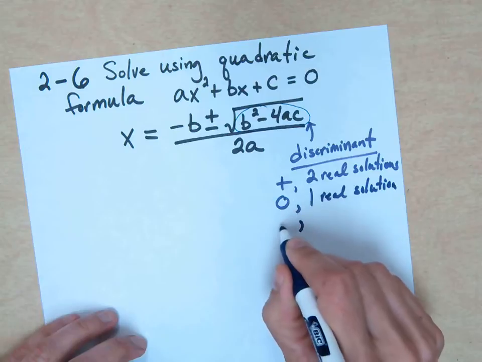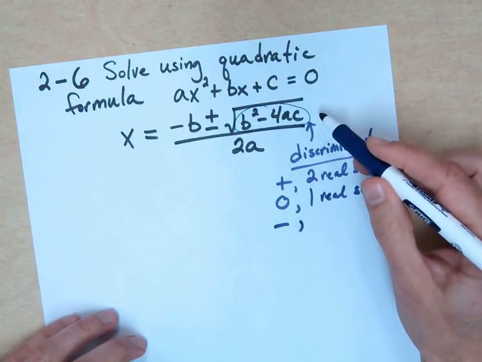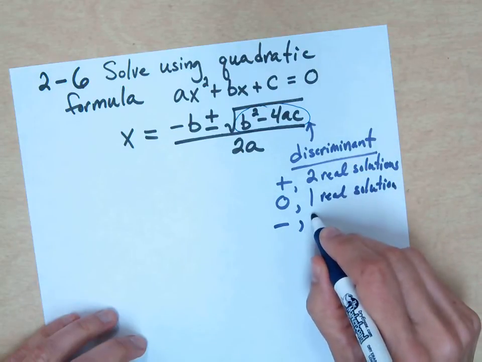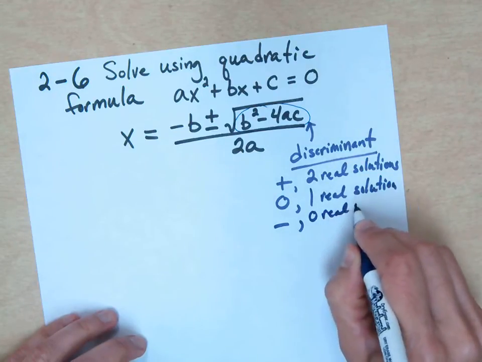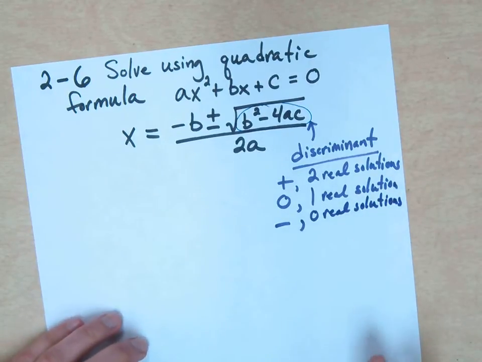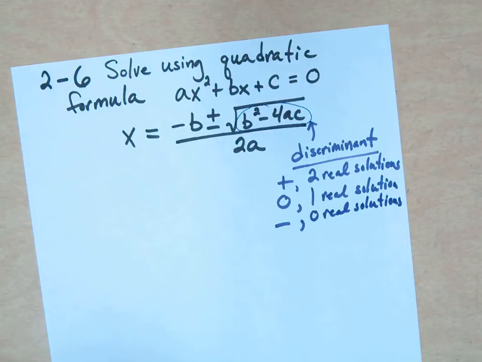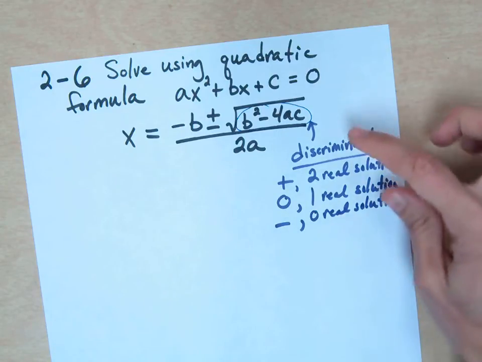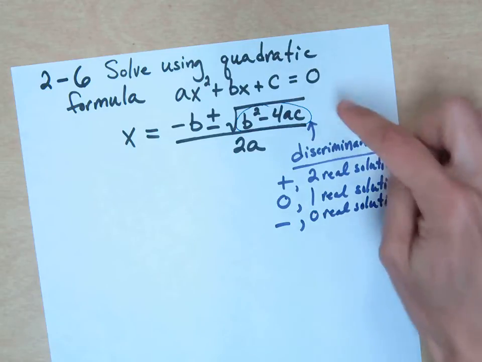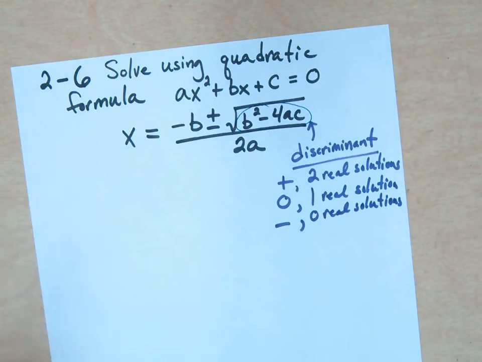And what about if it's a negative number under a radical? No real solutions. Yeah. So we would say 0 real solutions. We can still write an answer, but they're going to be imaginary, and I'll show you that. So that's the piece that maybe you might not have gone into as much in Algebra 1, but you definitely did the quadratic formula. So 3 examples.